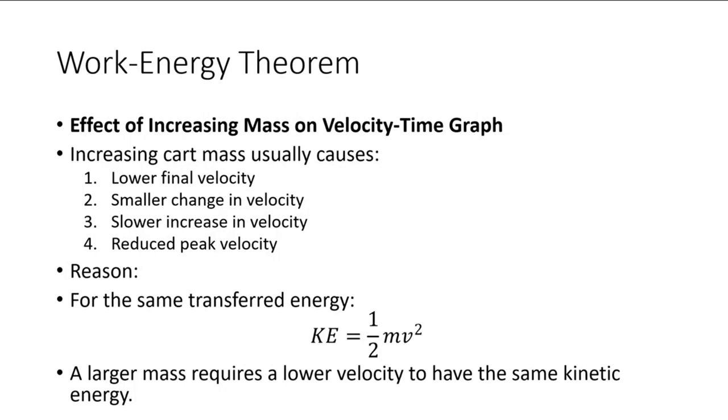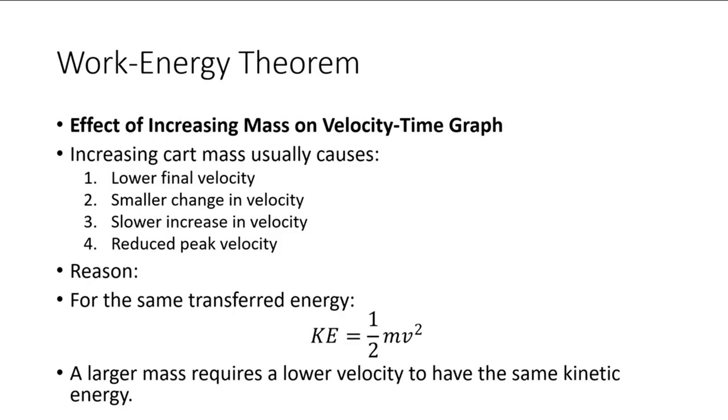Okay, how about the effect of increasing mass on the velocity-time graph? Increasing mass usually causes lower final velocity, and there is a small change in velocity because there is a slower increase in velocity, and you also have reduced peak velocity.